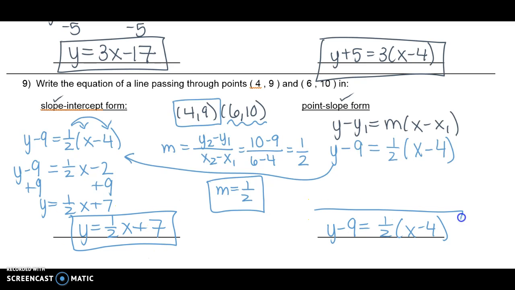Slope intercept form, point slope form. And again, both of these are interchangeable. They really represent the same exact problem. One is in slope intercept, one is in point slope form. And again, test questions might ask you to put these equations in different forms. So just be aware of that.